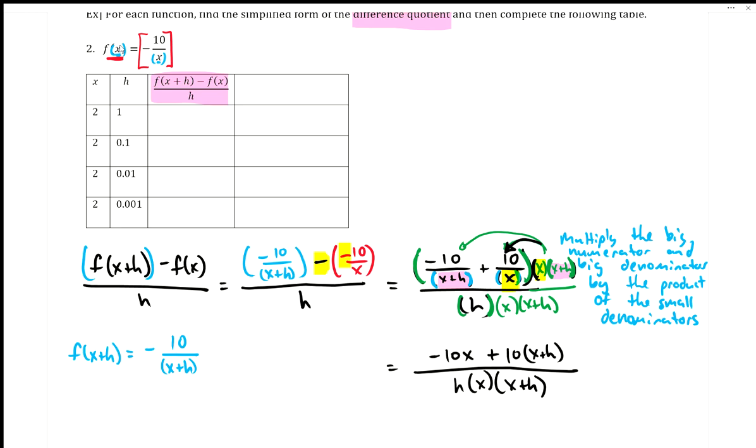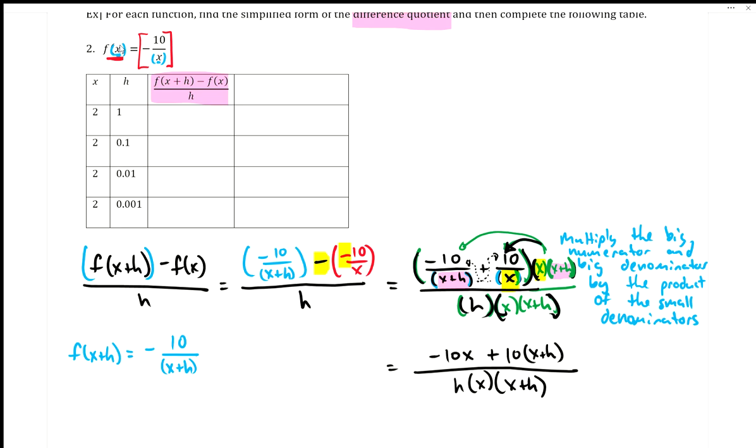Okay, the other way to think about this is this x, it's kind of like cross multiplying, multiplies that negative 10, and then this x plus h multiplies that 10, so 10 times x plus h, and then they both multiply each other and are put down below. Okay, so you could say, oh, it's like cross and then put below.